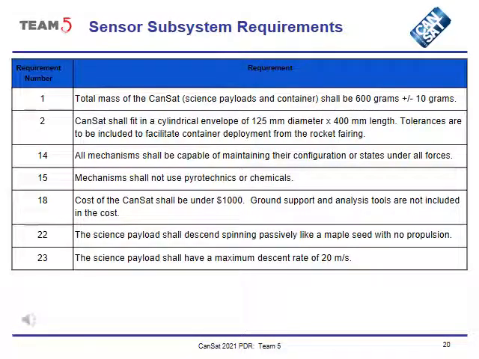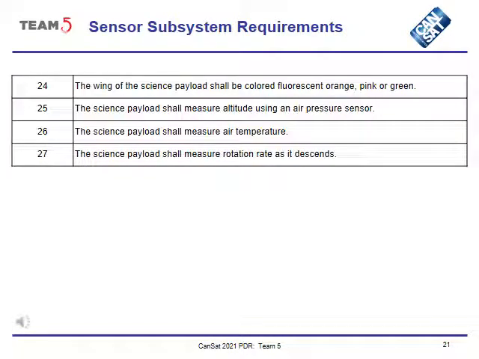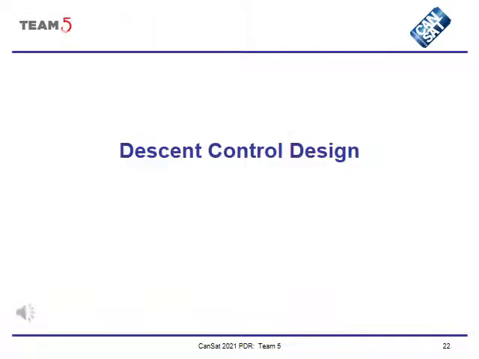The requirements that apply to these subsystems are requirements number 1, 2, 14, 15, 18, 22, 23, 24, 25, 26, and 27. Now let's move on to descent control design.